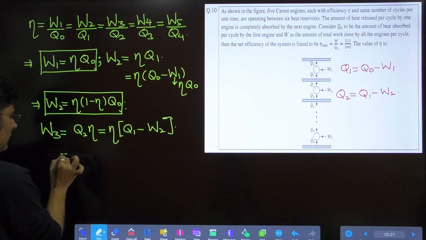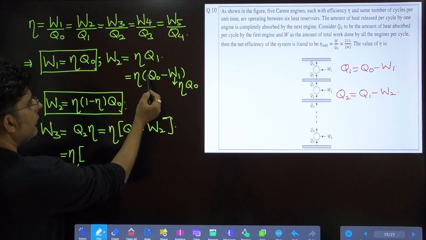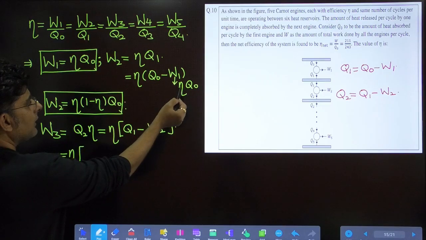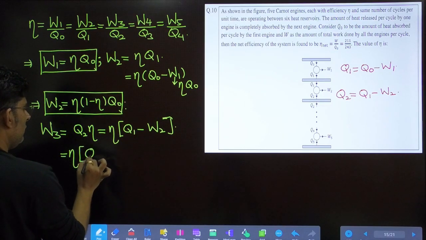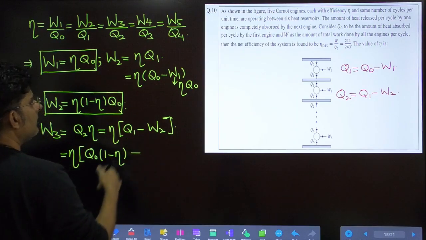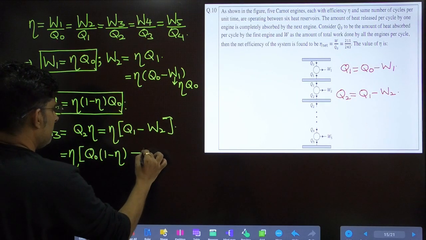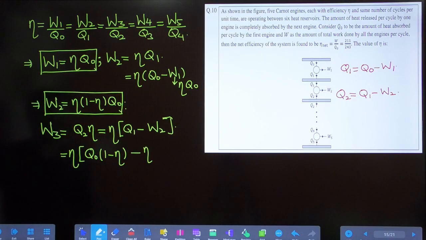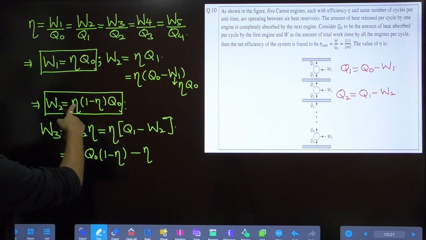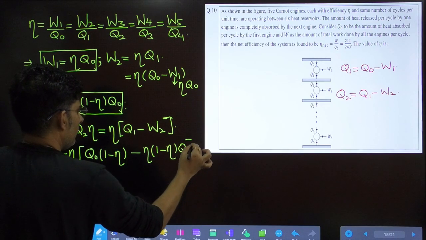Q1 we got as Q0 into 1 minus eta, and minus W2, which is eta Q1, which we got as eta into 1 minus eta Q0.